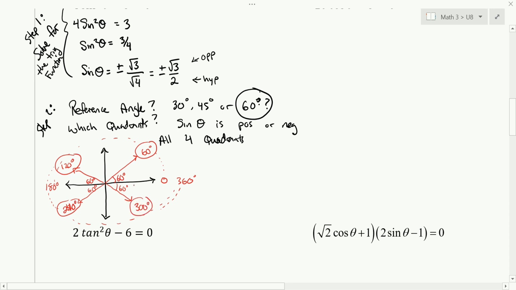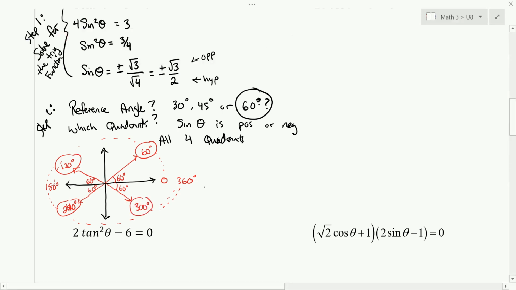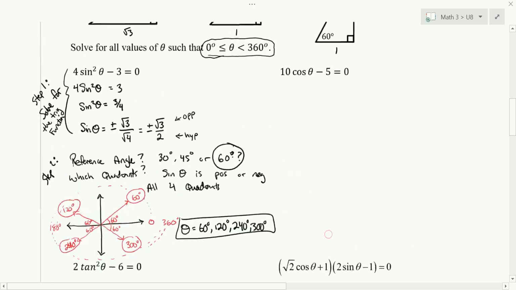Those are your 4 answers, and you report that: theta could be 60, 120, 240, or 300. All 4 of those would make that equation work.